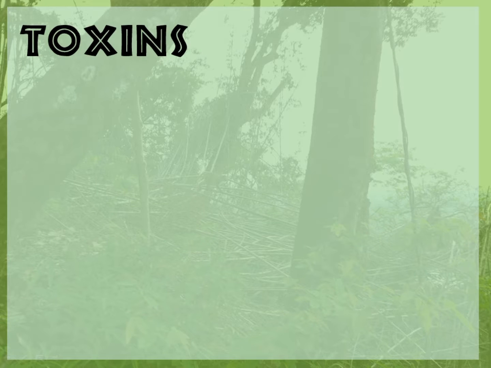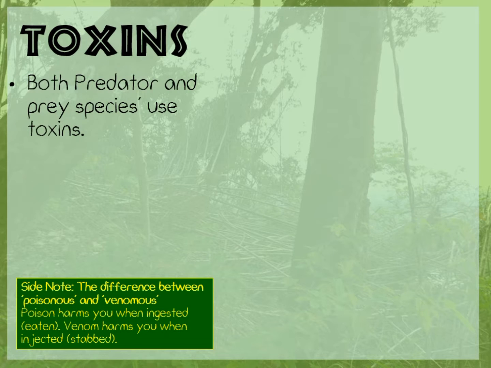Toxins are another form of survival adaptation. These are deadly chemical substances, or perhaps not deadly, but certainly harmful chemical substances, and they are used by both predator and prey. A side note, there is a difference between poisonous and venomous creatures.